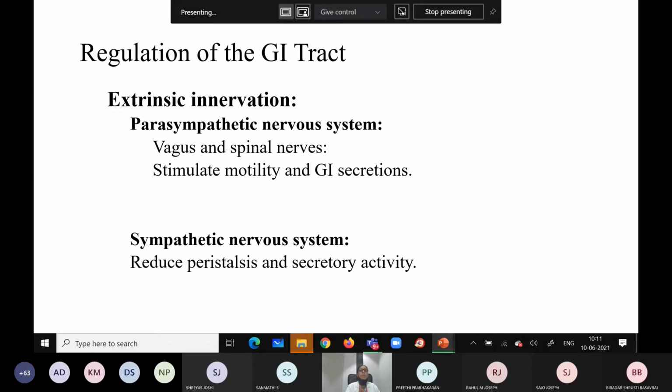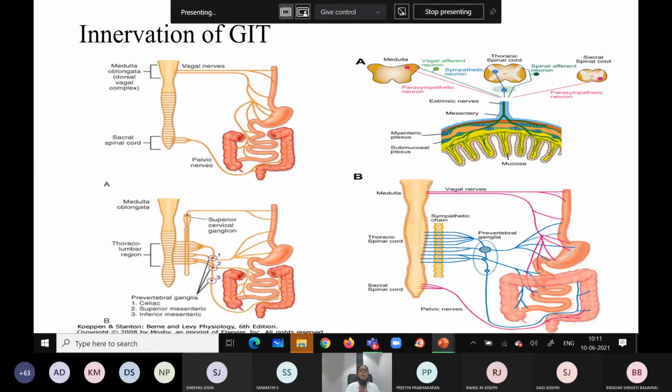So regulation is mainly by the extrinsic innervation and intrinsic innervation. Extrinsic innervation comes from the autonomic nervous system, that is parasympathetic nervous system and sympathetic nervous system. So this diagram shows the sympathetic and parasympathetic innervation to our GIT.